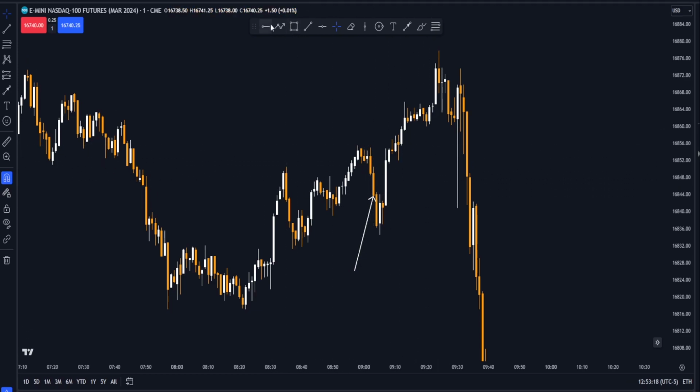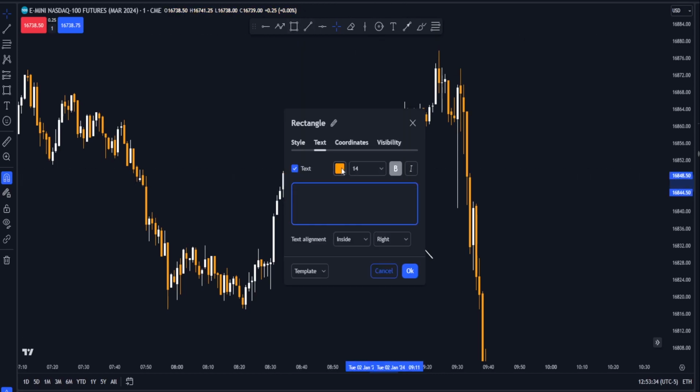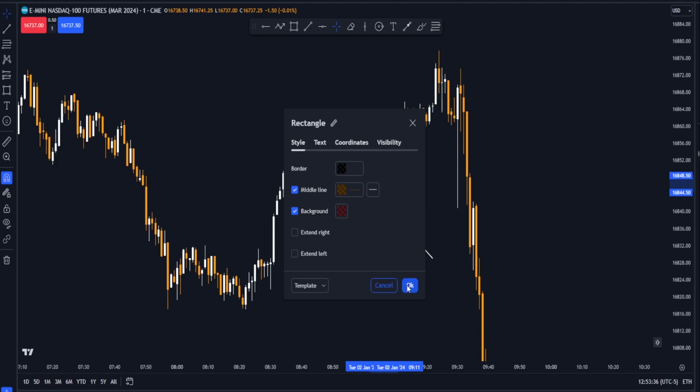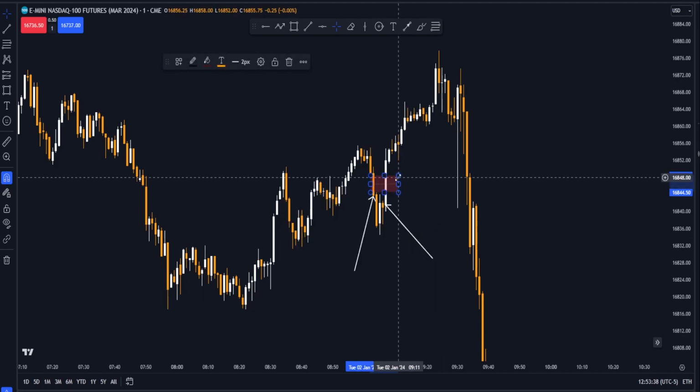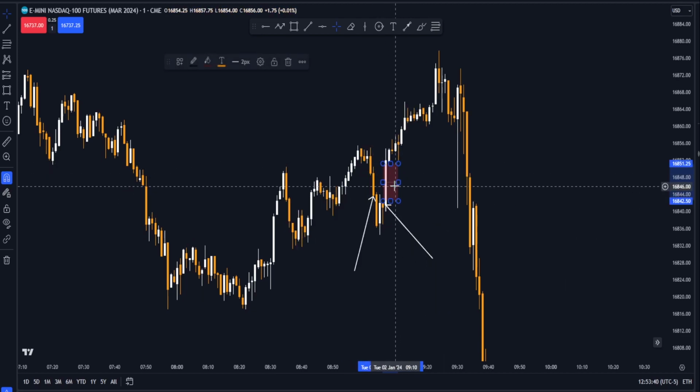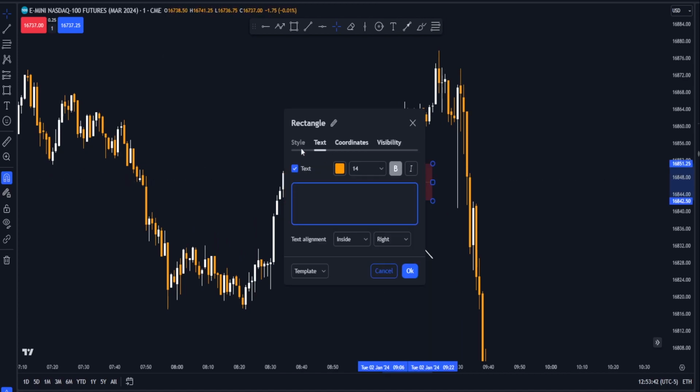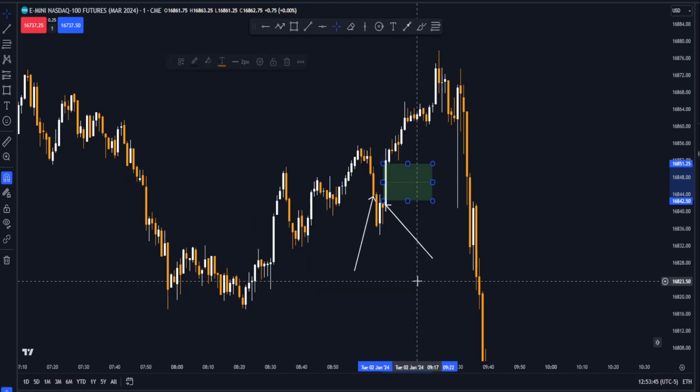And the same applies for the bullish one. The first candle's high is lower than the third candle's low, and there is this gap right here. So this is the bearish one, so you can use red color. And this one is a bullish fair value gap, so you can use green color.